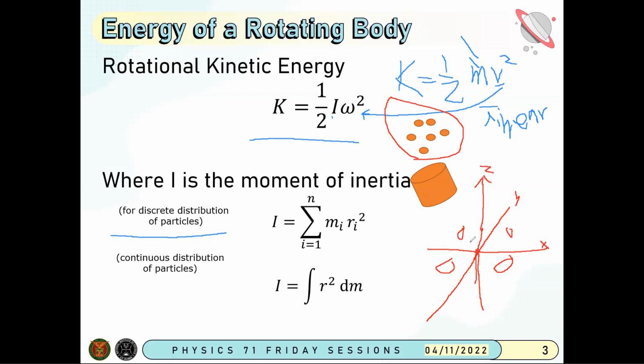If you want to get the moment of inertia about that axis, then we have to sum the mass of each particle times the distance from that axis. So this is now your R. This is your R for that example.